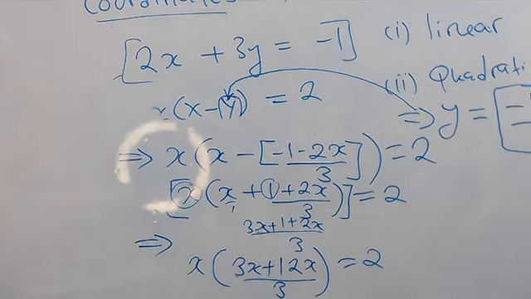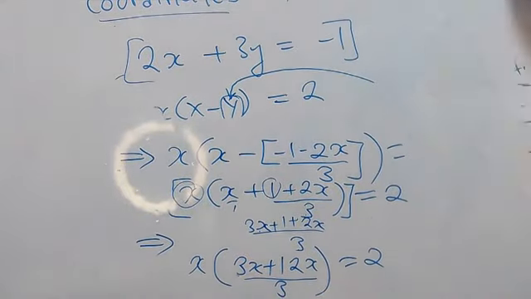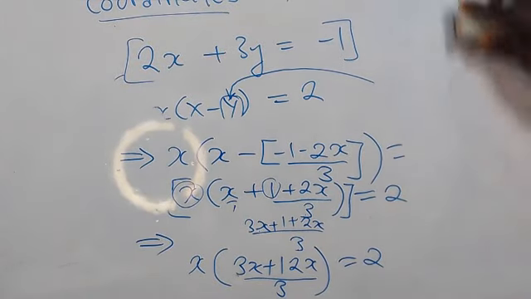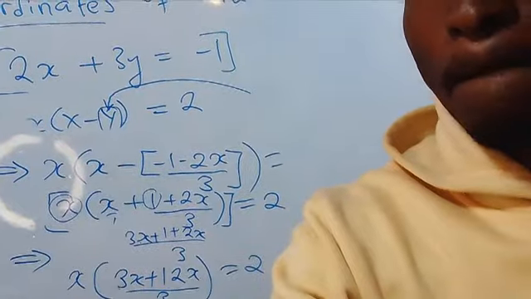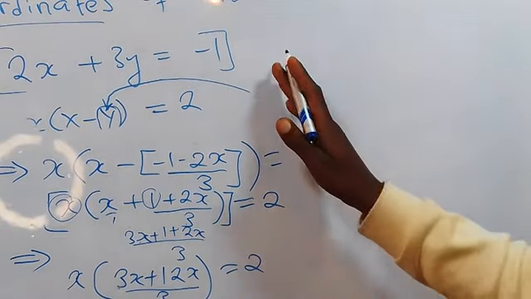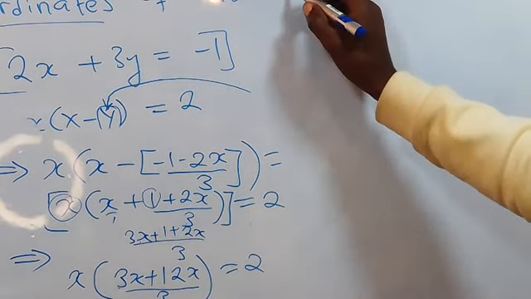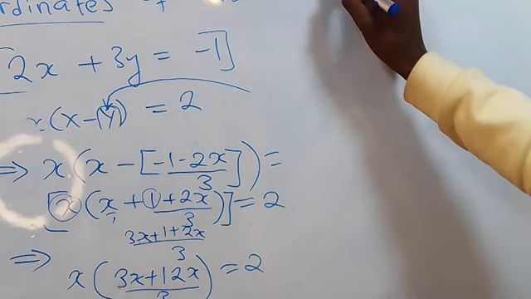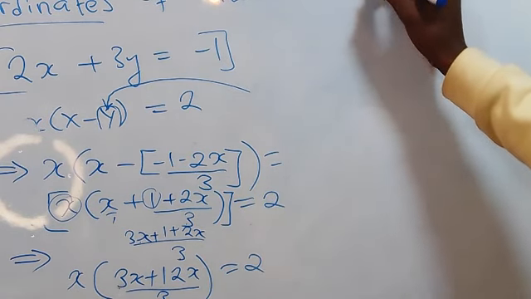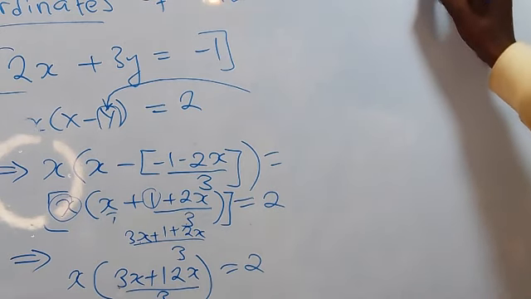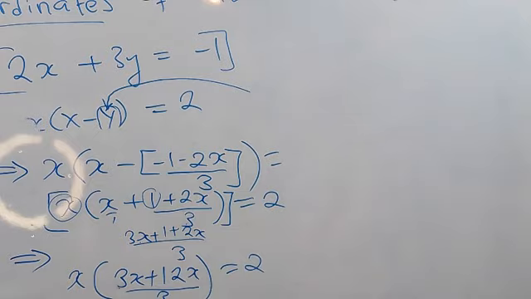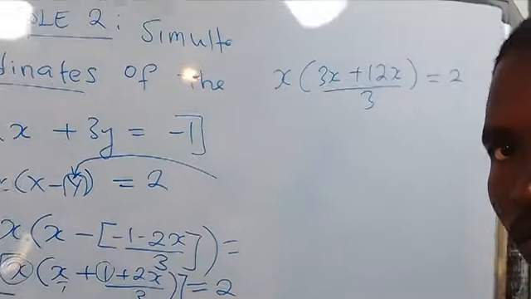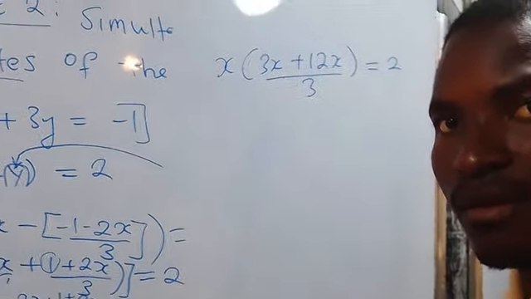So at that moment now, I can say that this open bracket 3x plus 1, 2x, close bracket, over 3 equals 2.